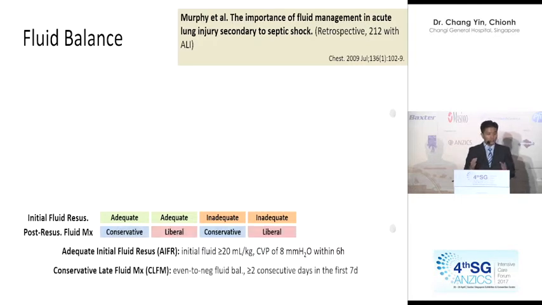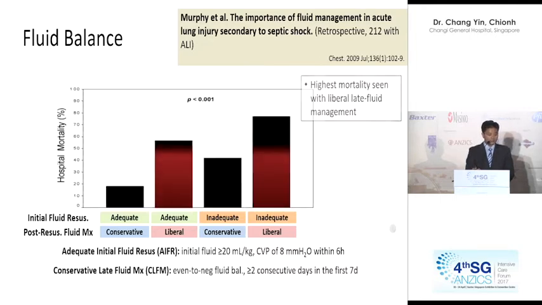And they looked at also the subsequent post-resuscitative fluid management. A patient is considered to have undergone a conservative late fluid management if they have even to negative fluid balance for more than 2 consecutive days in the first 7 days. So the highest mortality is actually seen with patients who have had liberal late fluid management.